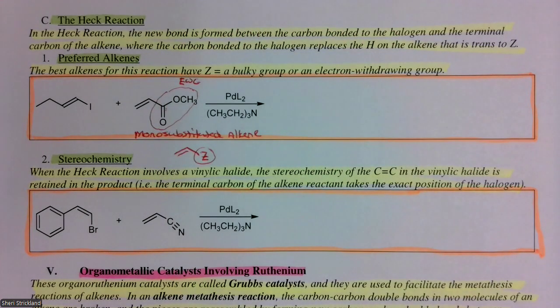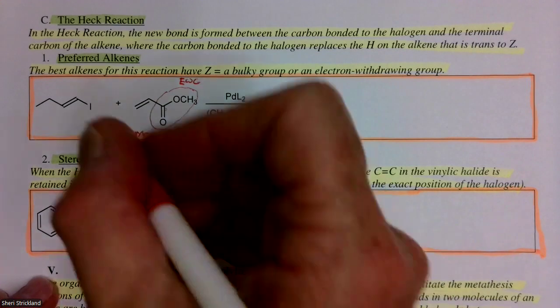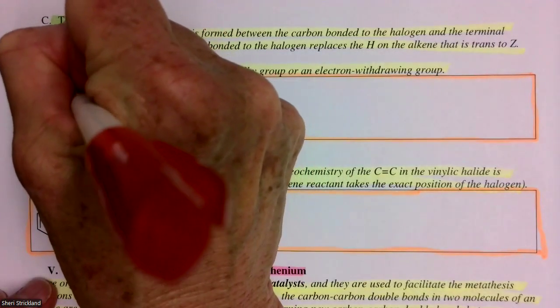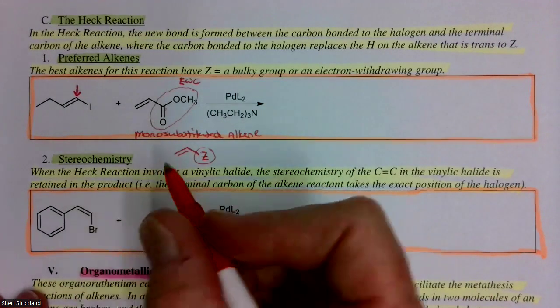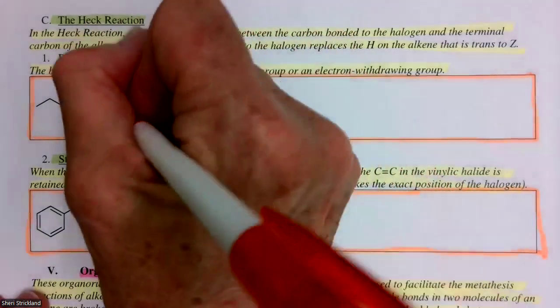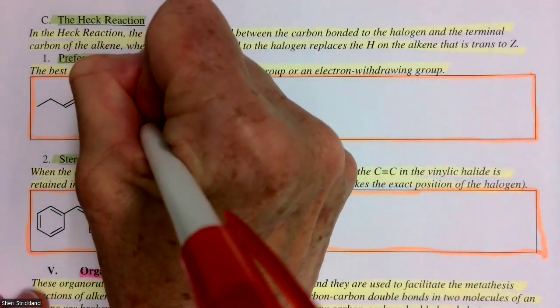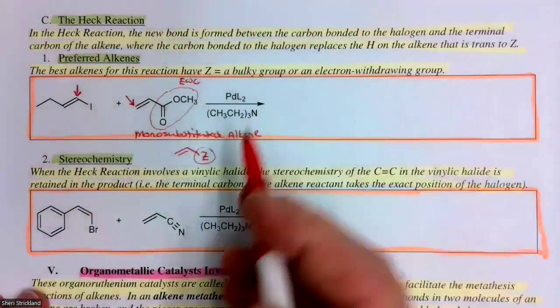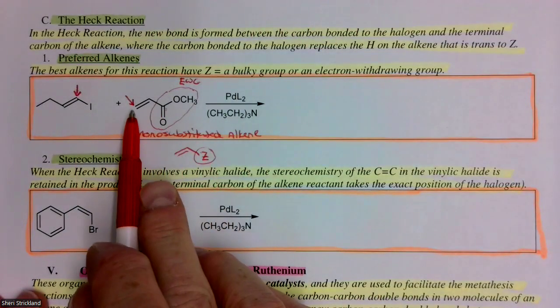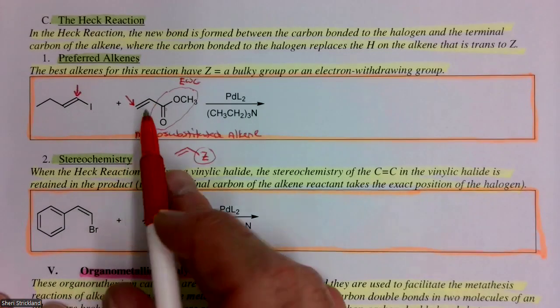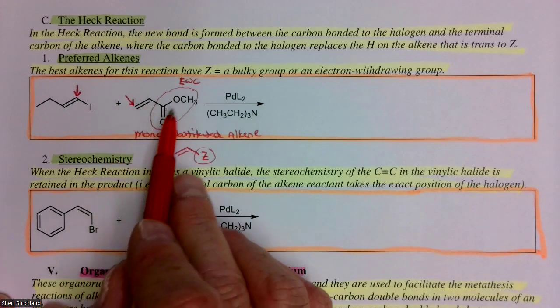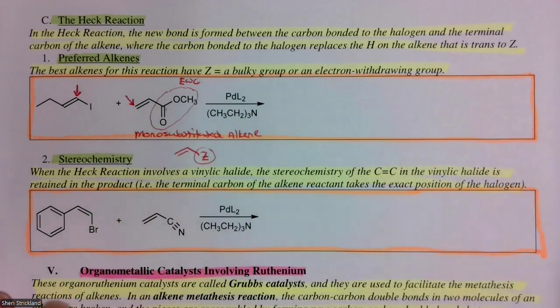Okay, so in a Heck reaction, the two atoms that are going to join are the one that's bonded to the halogen in your vinylic or aryl halide, and then this carbon right here, not the one that your substituent is attached to, but the other one, and it will attach trans to the Z group every time.